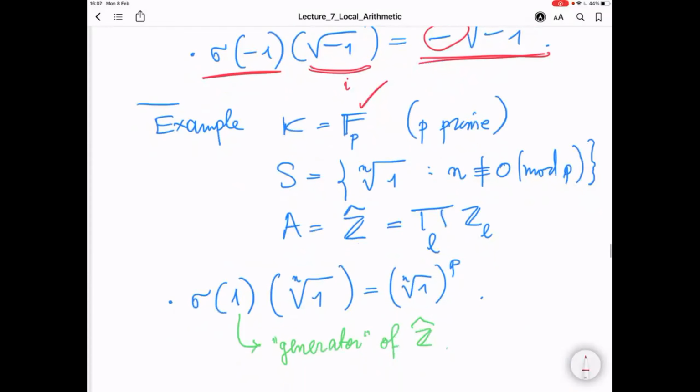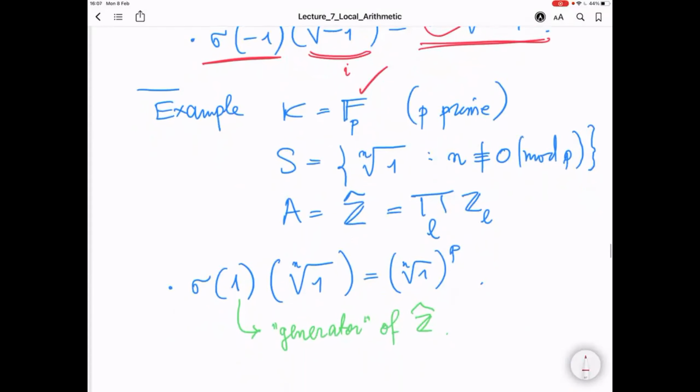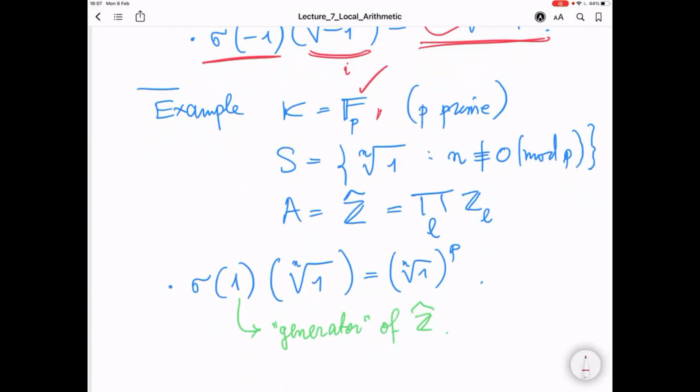So here is a slightly more interesting example. You take K to be this finite field FP, and then you can take S to be the nth roots of 1 for every n which is prime to P. If you adjoin all these nth roots of unity to FP, you are going to get FP tilde.